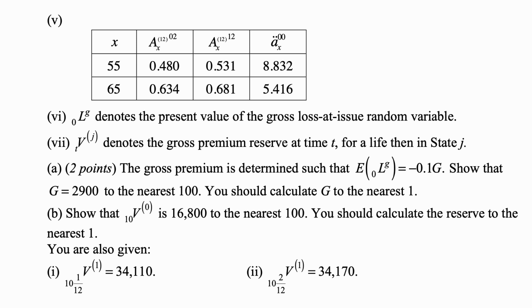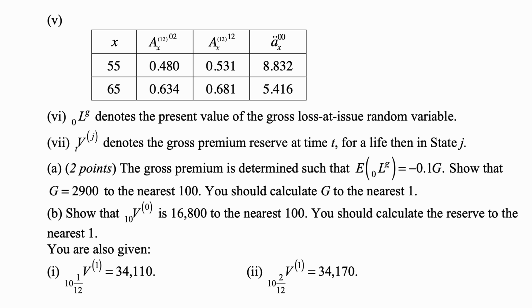Question, part A. The gross premium is determined such that E of 0LG, so the loss at issue expected value, for gross premium, so including gross premium and expenses, is minus 0.1 G. So the expected value for loss is negative, which means that there are profits. Show that G is equal to 2900 to the nearest 100. You should calculate G to the nearest 1.